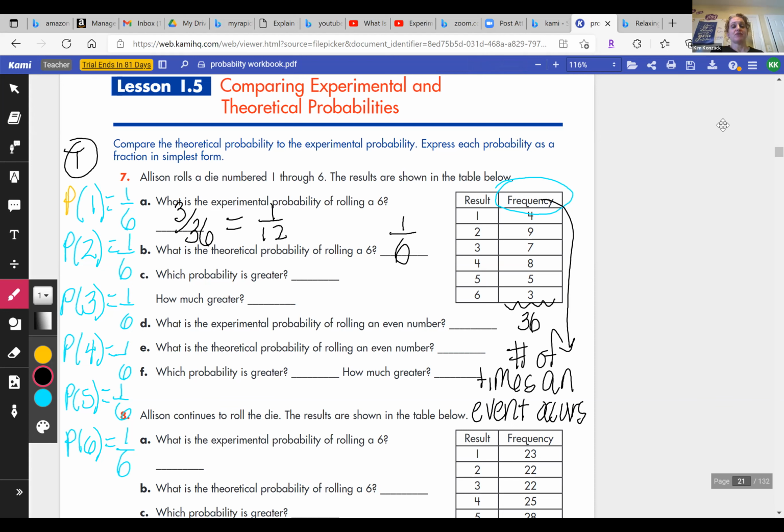The theoretical. Now remember, we are putting in the simplest terms, but if you need help on this, 1/6 is 2/12, just to compare them. This is 2/12 and this is 1/12. Which one was greater? The theoretical.